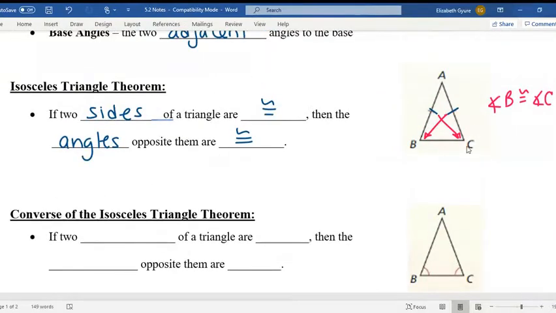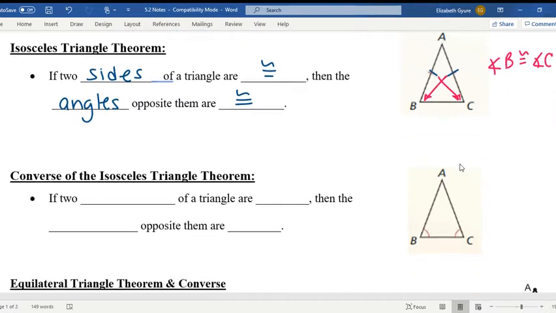Well, if it works this way, it's also going to work the other way. If you're going to have congruent sides, you're going to have congruent angles. But if you have congruent angles, you're also going to have congruent sides. So that's what the converse of the isosceles theorem is. Remember, converse means reverse. It says if two angles of a triangle are congruent, so this time you have your two congruent angles, angles B and C, then the sides opposite them are congruent.